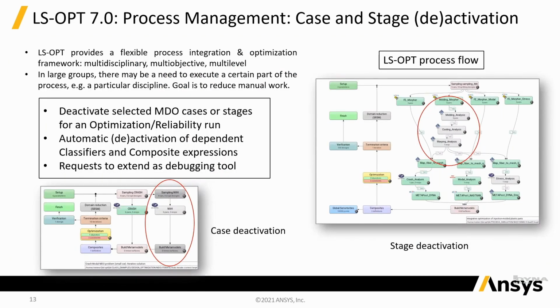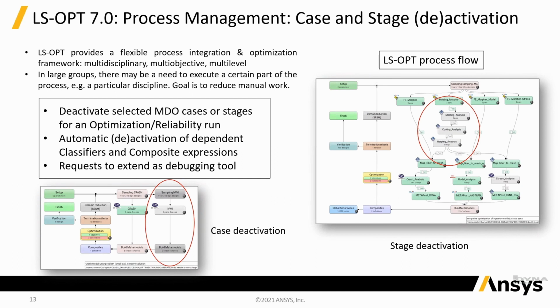We also in version 7 implemented process management, and this was just a tool so that users could set up the total problem, but leave out certain parts of it that will not be used during the optimization run. And we implemented this for both cases or samplings and also for the individual stages.